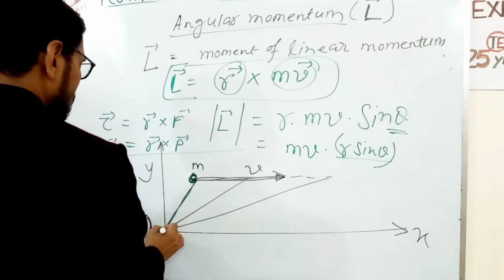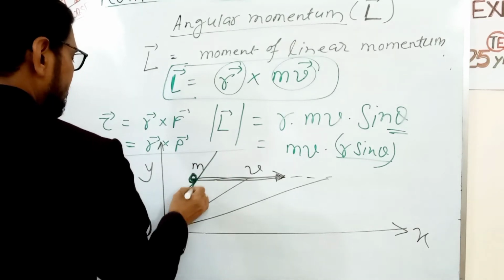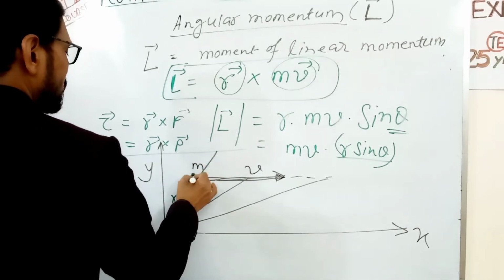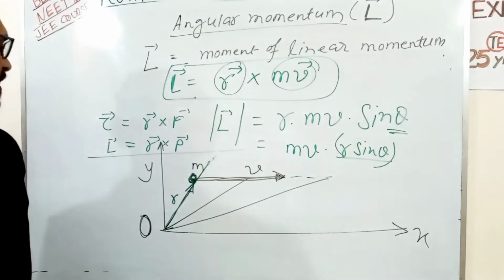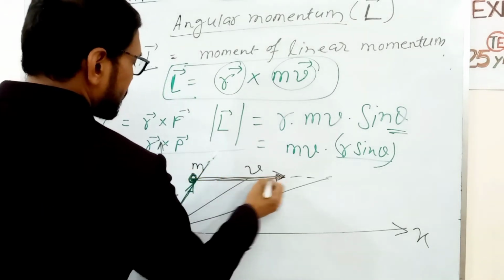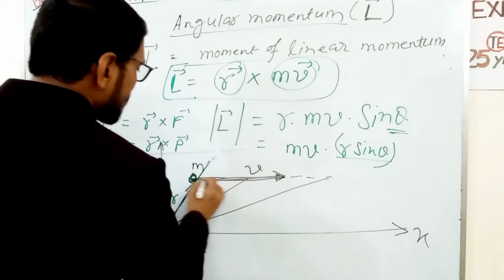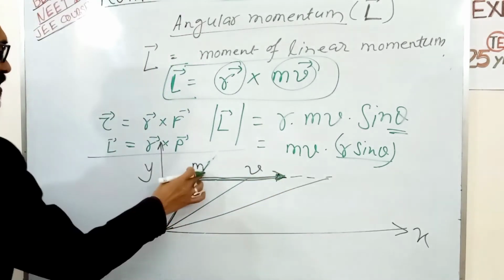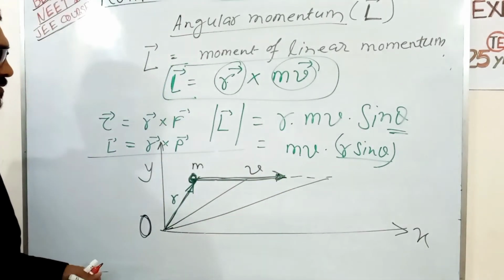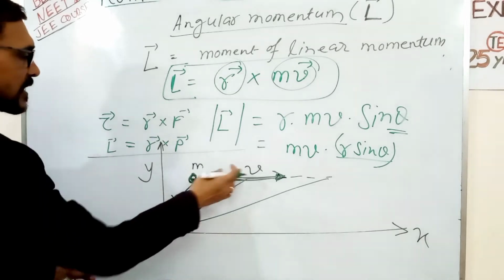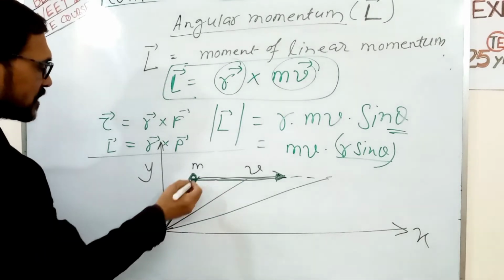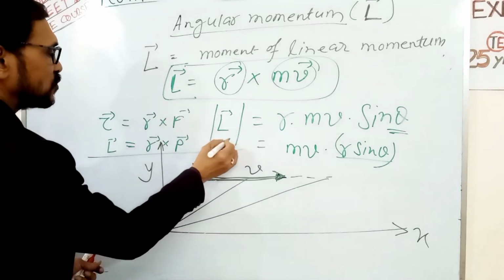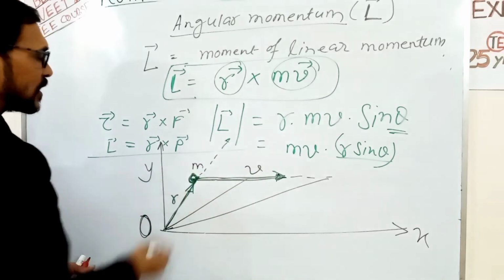So this vector is r, and the direction of the r vector is this way, and the momentum vector is this way. If we find the angle between the two vectors r and mv, we have to produce this such that the two tails are at one point.